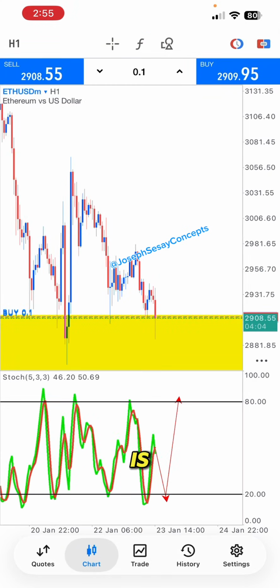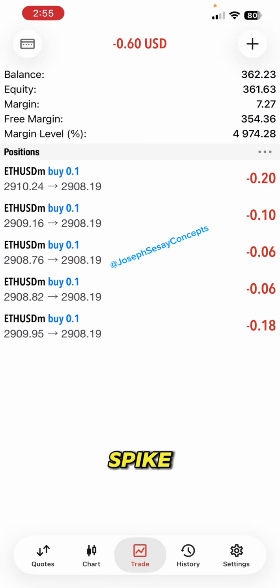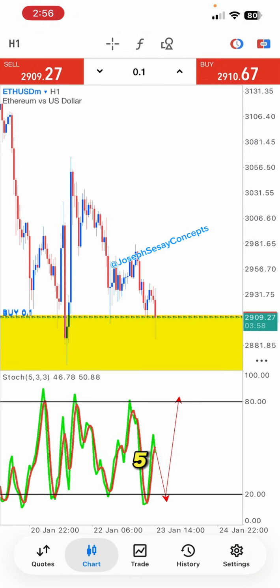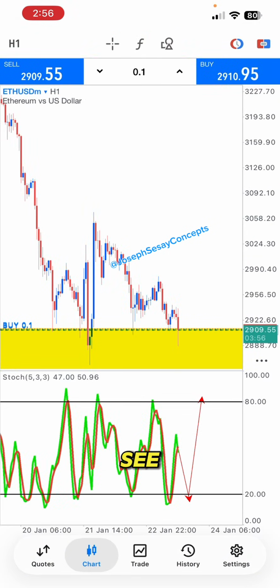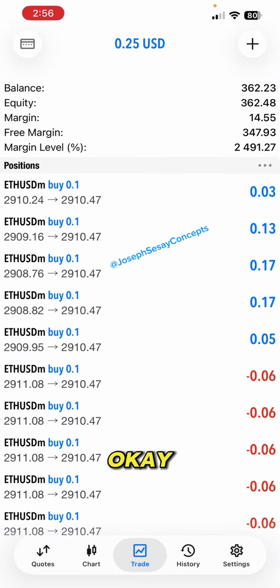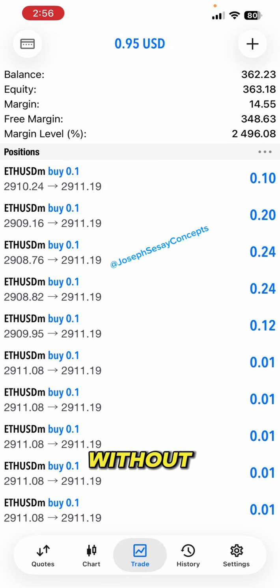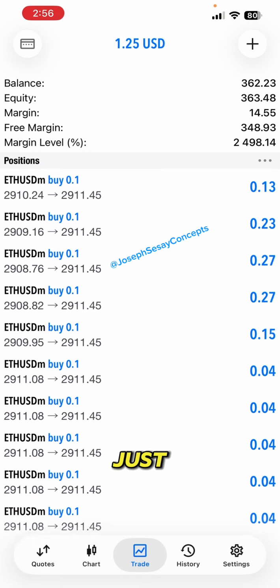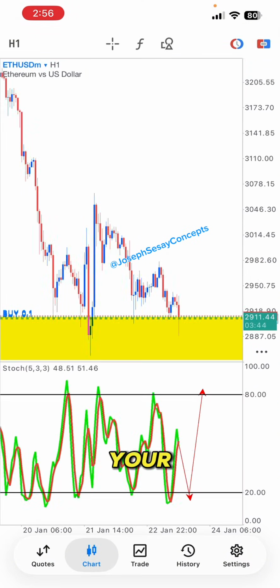So I think this is enough. We are going to get a spike. So we have 4 or 5 positions now. Let's see how this is going to play out. I know for sure it's going to play out, no doubt at all. You just need to be sure about your analysis.